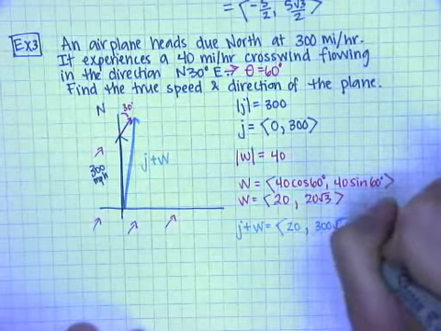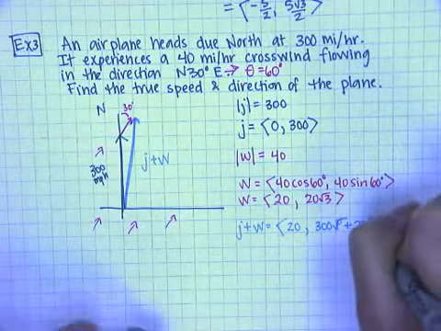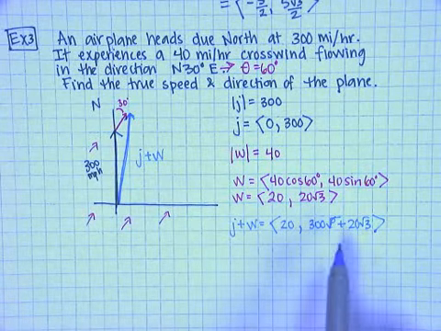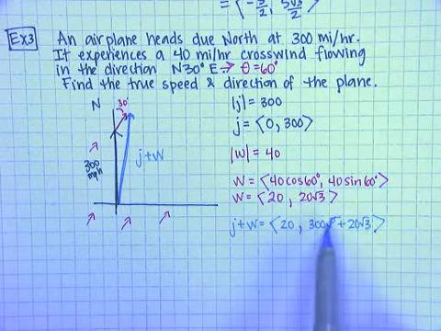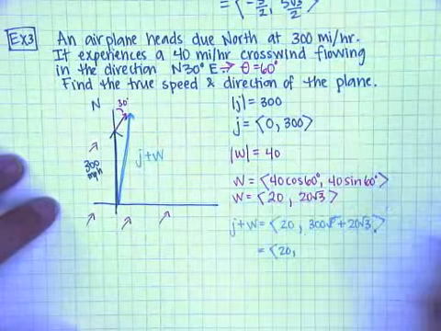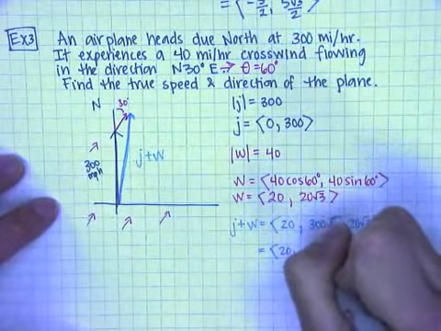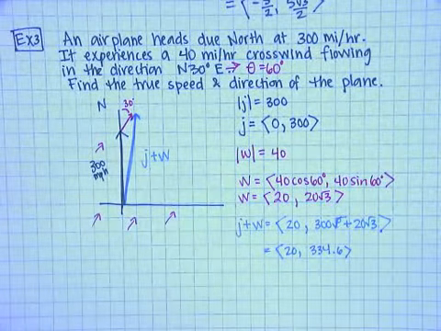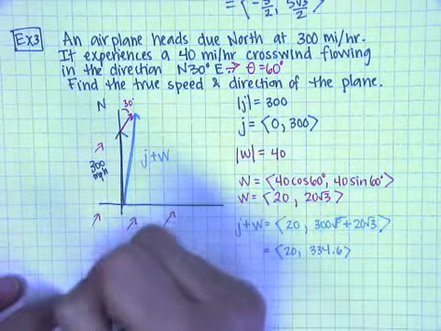Oops. Plus 20 root 3. Okay. So now I've got my vector for this. I could turn these into decimals, and that would probably be helpful. I think 300 plus 20 square roots of 3 is 334.6.